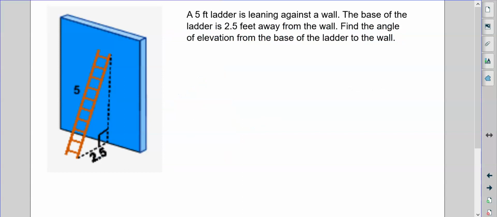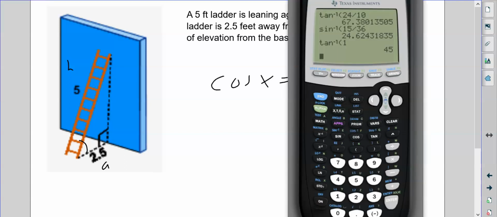All right? 5-foot ladder, leaning against the wall. We're looking for this angle right here, the angle of elevation. So we have the adjacent side here and the hypotenuse. That's cosine. Adjacent, 2.5, over hypotenuse, 5. When we type in sine, no we don't.